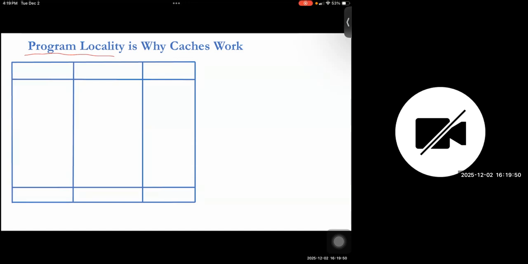That is the memory hierarchy that exploits program locality. That is, programs tend to reference parts of their address spaces that are local in time and space.